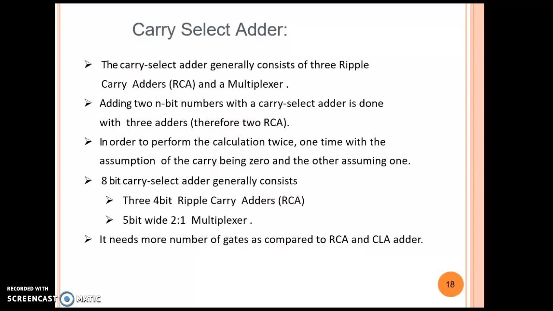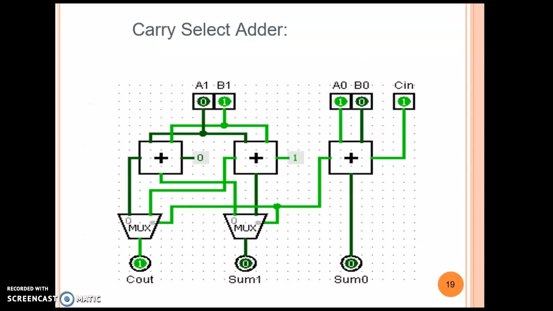Next is carry select adder. Now, carry select is also a very interesting adder. In this, suppose we are forming an 8-bit adder. What we are doing here is using 4-bit adders, with ripple carry. So this is a 4-bit adder, this is a 4-bit adder, this is a 4-bit adder.